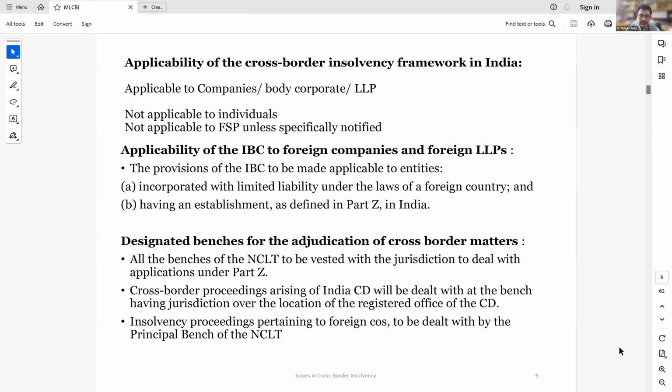And this is basically to signify that, assuming a particular company, a CD, has a registered office in a particular state, the convention is that wherever there is a recovery suit, usually the suit is filed or enforced in the jurisdiction where the debtor's assets lie.